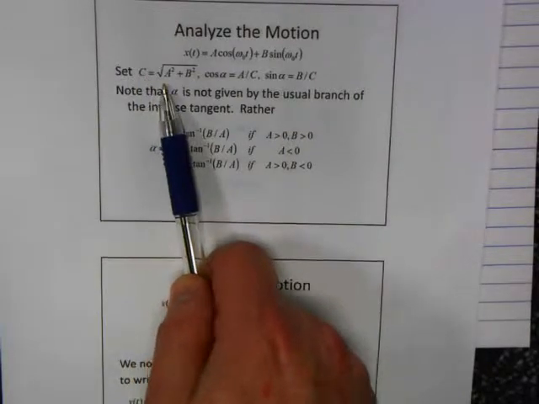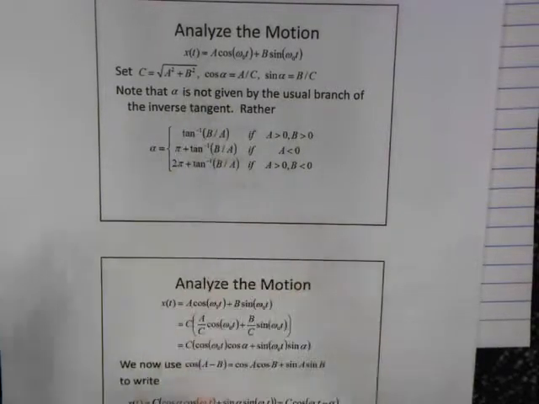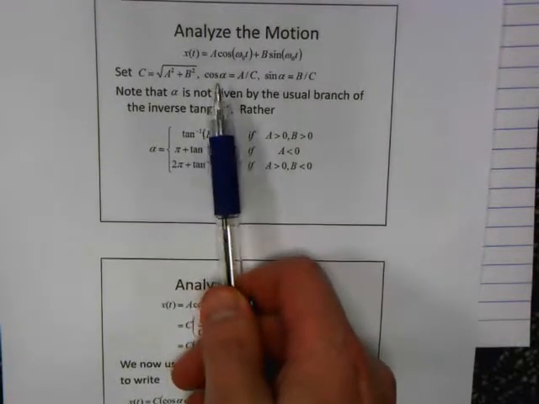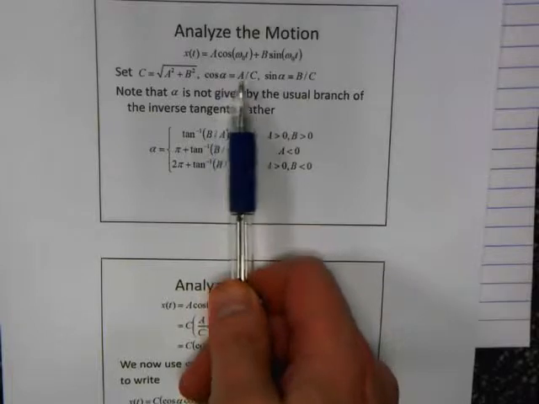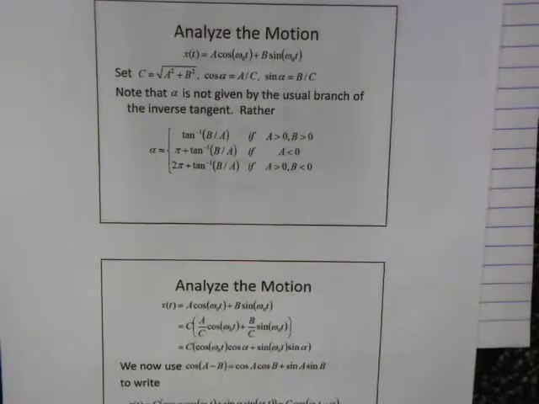C is the square root of a squared plus b squared. What does that look like? It looks just like the Pythagorean theorem, doesn't it? And we're going to let cosine of alpha be a over c and sine of alpha be b over c. How can we do that? We just made a triangle.